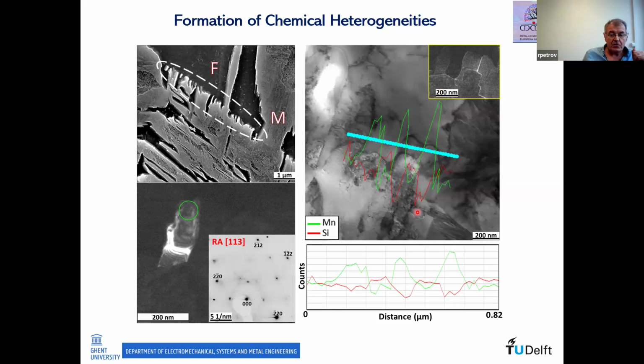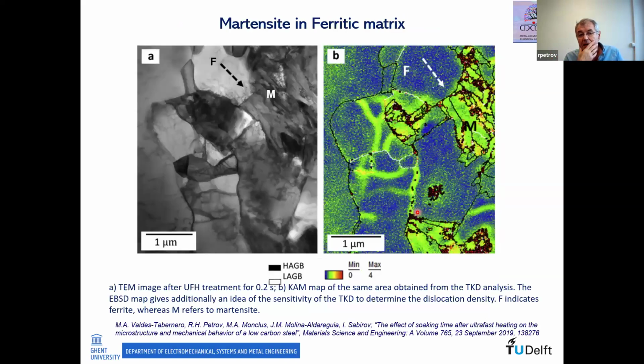And then, of course, if you have martensite in the surrounding of ferrite, you have an additional effect which can strengthen the microstructure. And this additional effect is associated with the fact that this martensite generates, due to the volume changes, a dislocation structure.